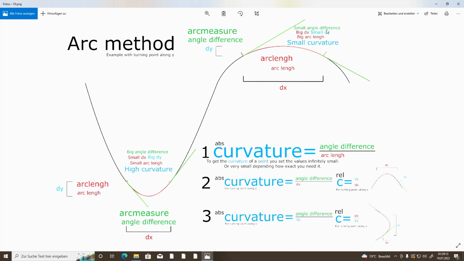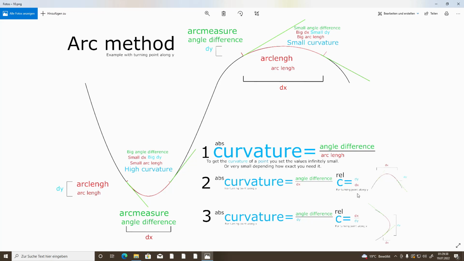And then we have small angle difference, big dx. So something small to something big is small. Honestly, I didn't experiment too much with it, so it could be that you cannot mix these two together. And the relative is of course the relation of the x and the y.